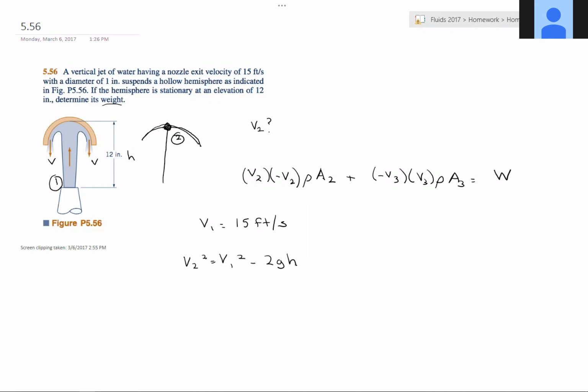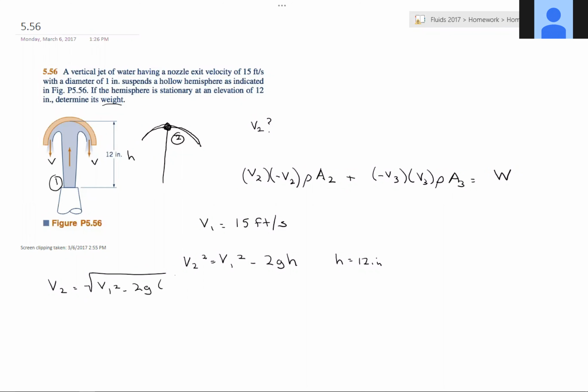Since we know V1, we know 2G, what's our H going to be equal to? 12 inches. Exactly. So from here, we just find that V2 is equal to the square root of V1 squared minus 2GH.